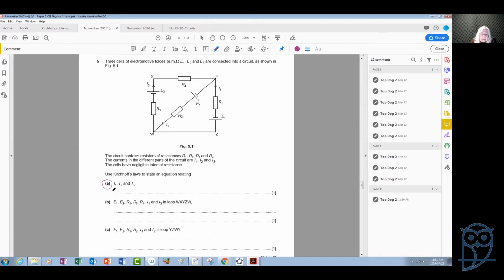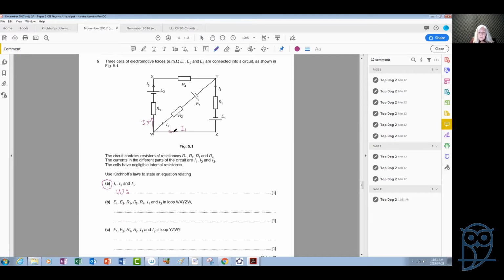So for W, let's take the first rule for the junction W. Okay, here is the I2, it comes into the junction, then we have I1, like this, and I3 seems to go out of this junction, according to the currents that they have marked here already. So junction rule, the sum of the currents in equals the sum of the currents out.